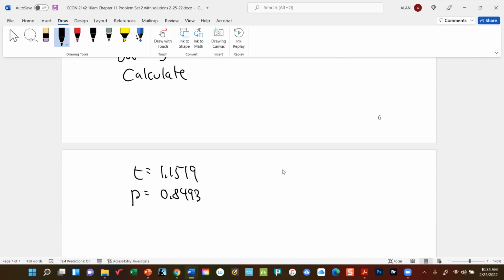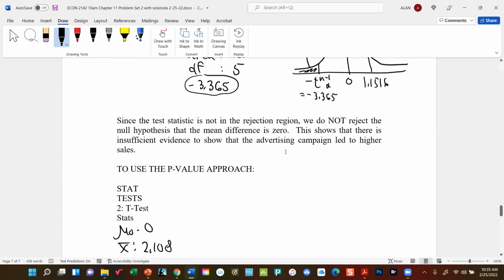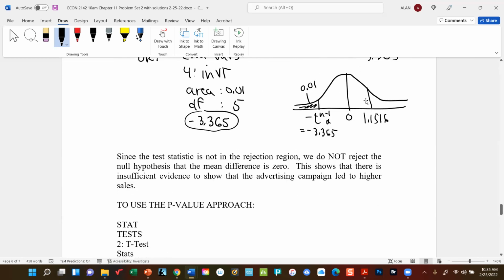And then the rest is just a repeat of what we've seen. So since the p-value is way above alpha, do not reject the null. That's it. Okay, and you can see why, because the p-value is actually the entire area to the left of 1.1516. It's enormous.